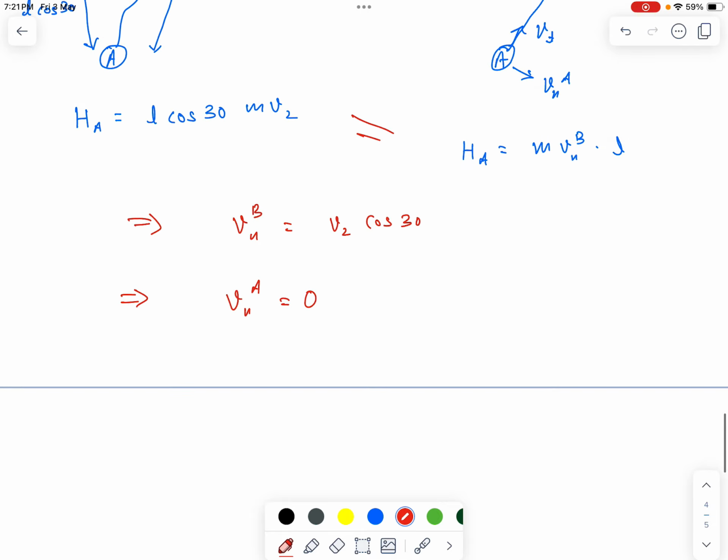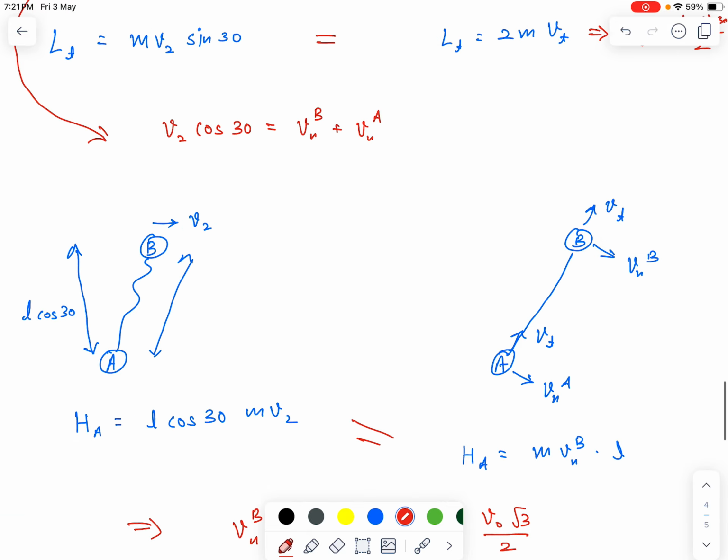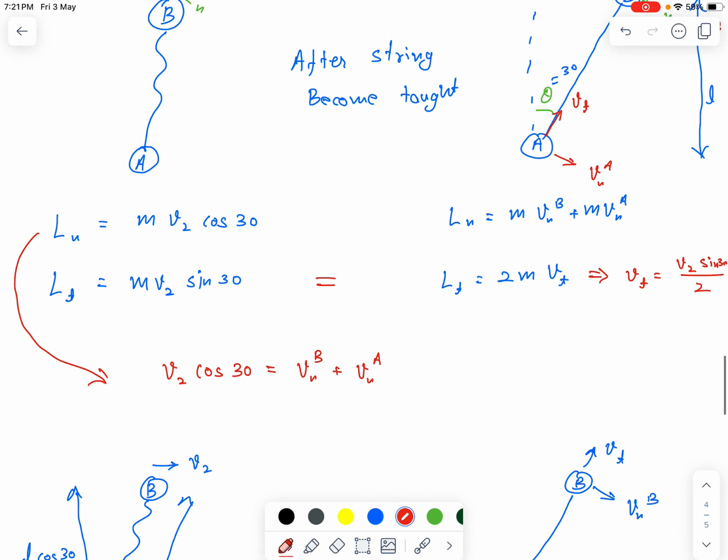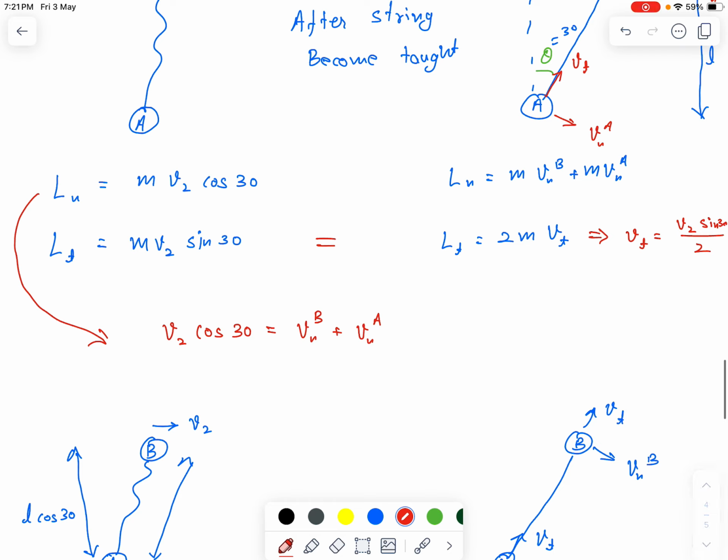So Vnb becomes V0 root 3 by 2, and Vt is equal to V0 by 4.